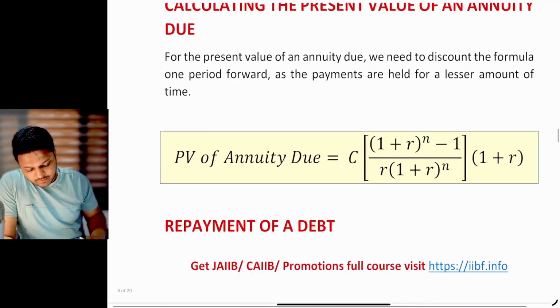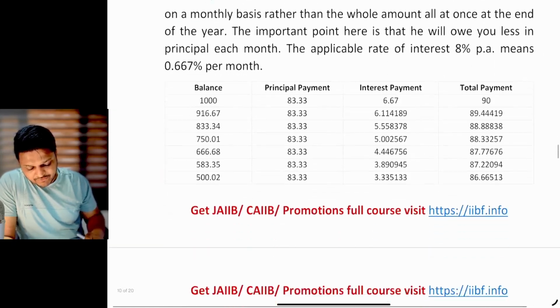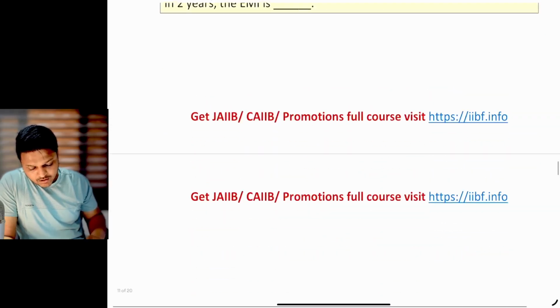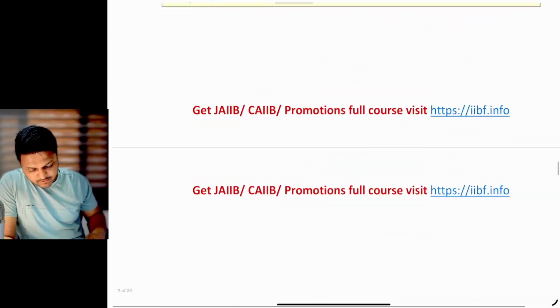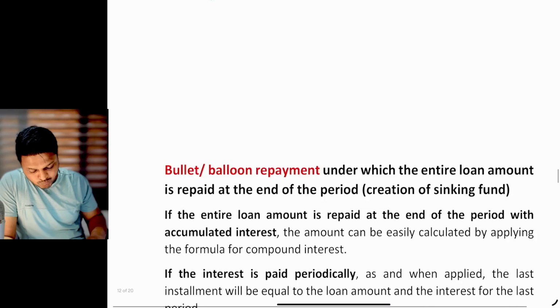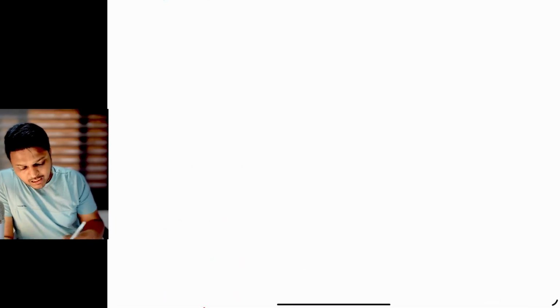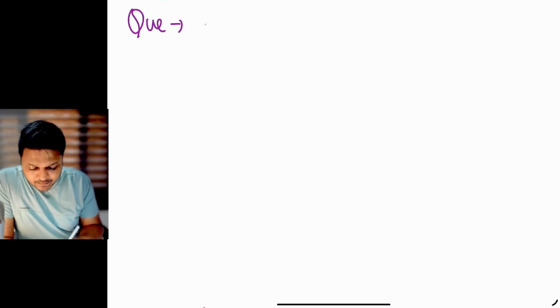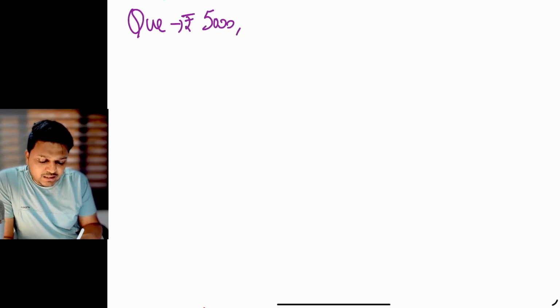Now we'll be solving a question based upon it, and after that we'll be coming back to it, and further we'll be solving that in another video. But now we are going to solve one particular question from it. Okay, now I'm just giving a question. Let's take the case that you are receiving a sum of rupees 5,000 in the beginning of the period.